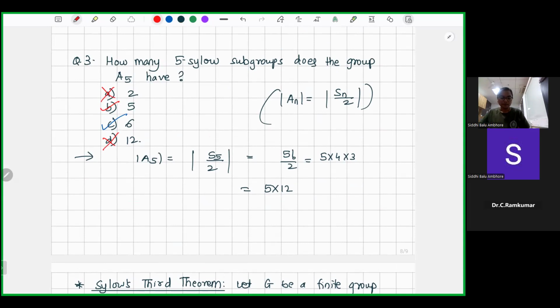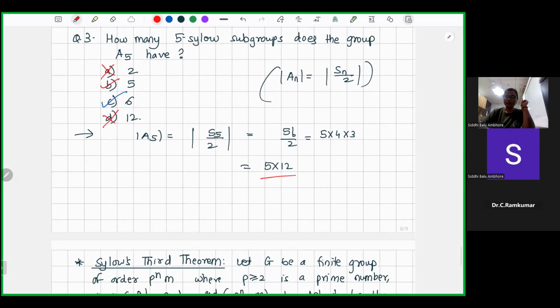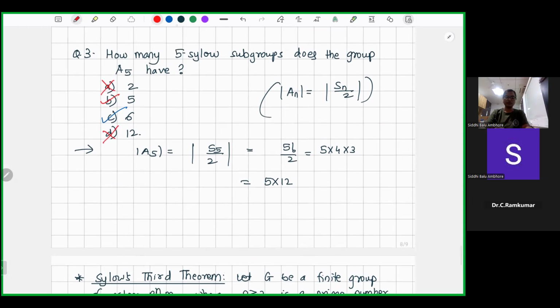Okay, so this was the only thing which was asked. It was an application of Sylow's third theorem, which we just saw. So the number of 5 Sylow subgroups in A5 is 6. Is that okay? We did not do anything else.